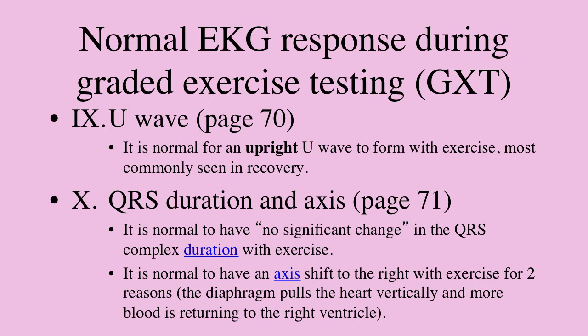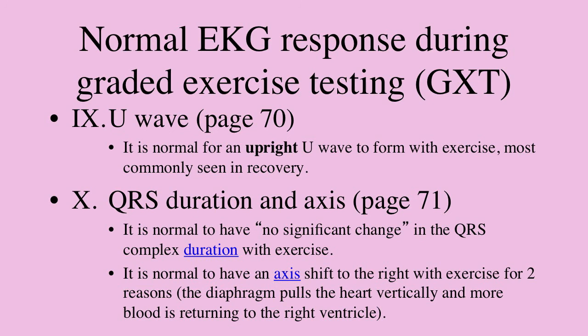It is normal to have a QRS complex axis shift to the right with exercise. We'll talk about why in a minute, but if we take a look at page 71, this was a patient who had an axis of about 60 at rest when we took an EKG.